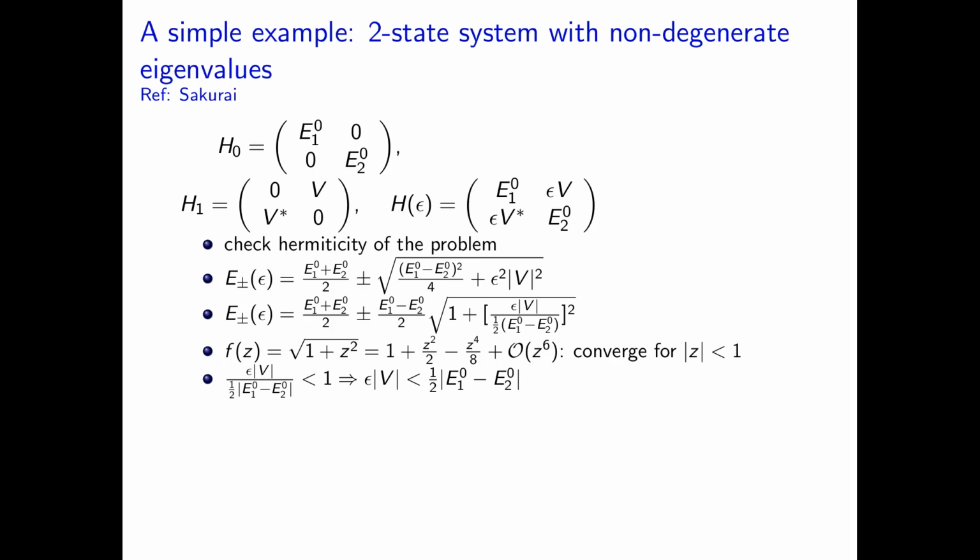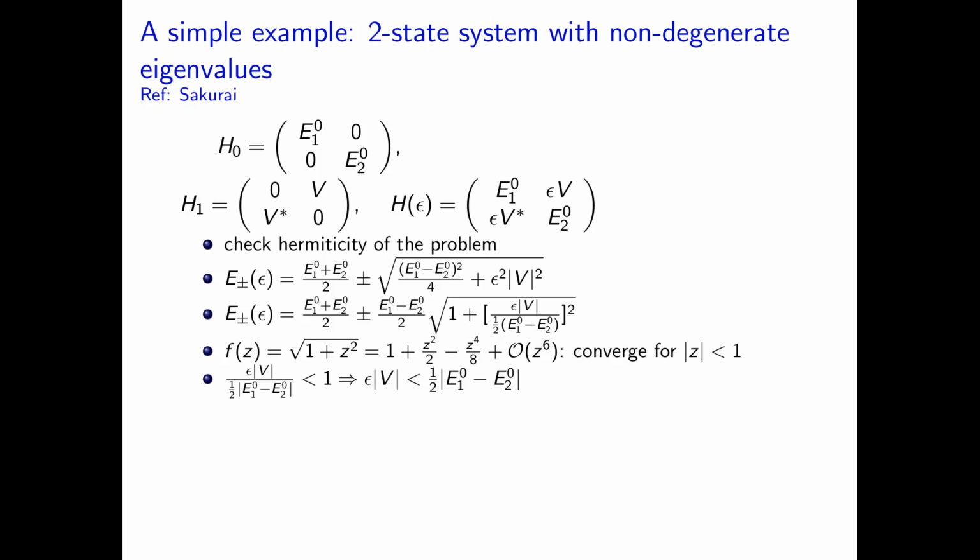So, what is to be understood here is that for H epsilon, which is H naught plus epsilon H1, it is not sufficient to say that epsilon H1 is just smaller than H naught. That is not the right way to say when this perturbation is valid, even though that is what it naively appears to be.